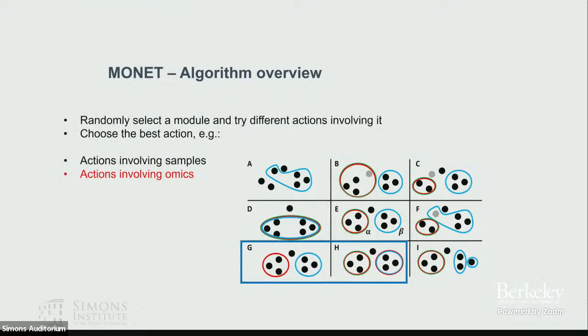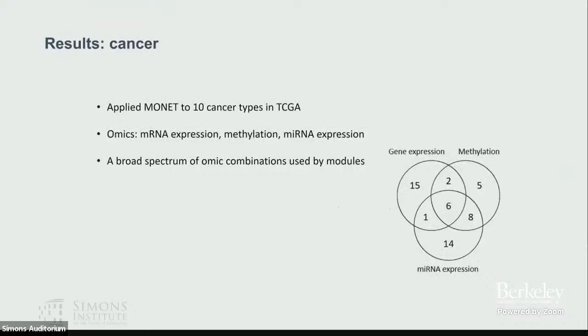Another thing that we can do is add an omic to a cluster. So here, beta is now both blue and red, or we can remove, so alpha is now red only. So we do this hill climbing approach until we are stuck, and here are the results.